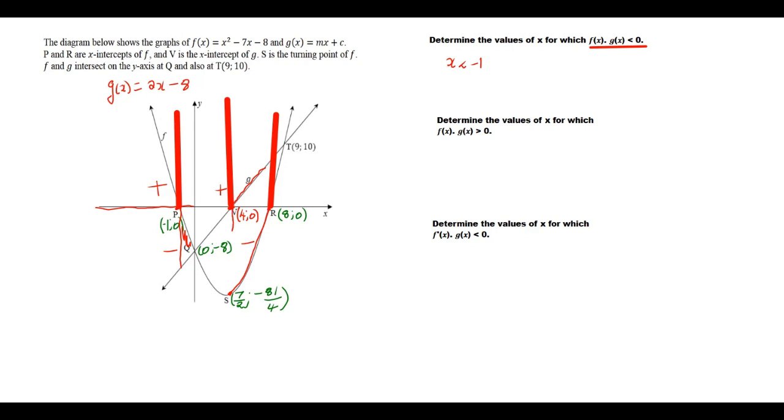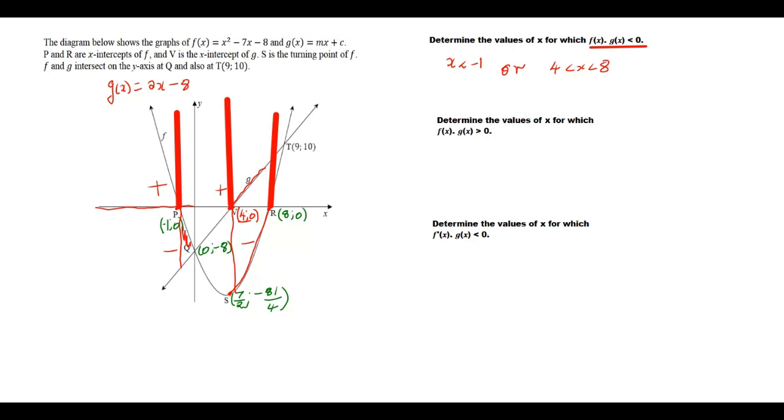So let me extend the interval. You can see that between x equal to 4 and x equal to 8, the two graphs are in two different quadrants. So you'll just say 4 is less than x, and x is less than 8. Those are your values of x wherein the two graphs are in two different quadrants. One is positive and at the same time one is negative.